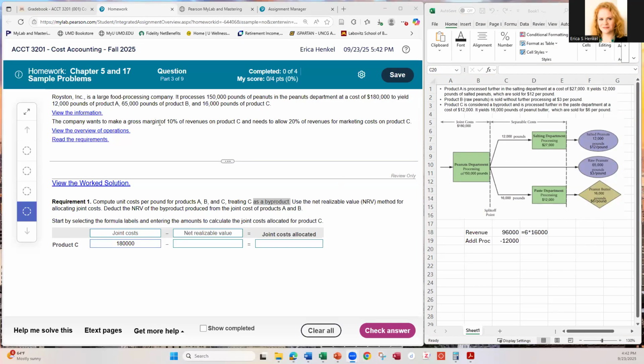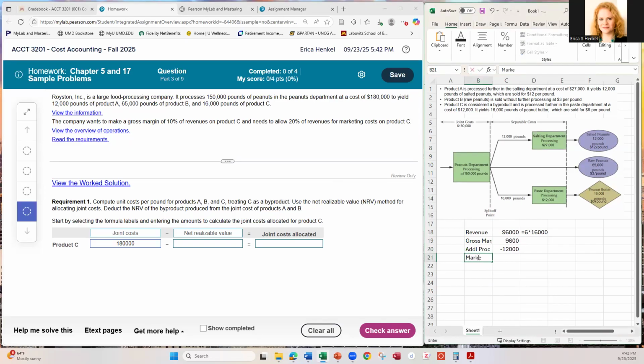Okay, so we need to make a gross margin of 10% of revenues in addition to this. So we want to make sure that whatever our costs are, we're adding in a gross margin of 9,600, which is 10%. And then 20% of revenues for marketing costs.